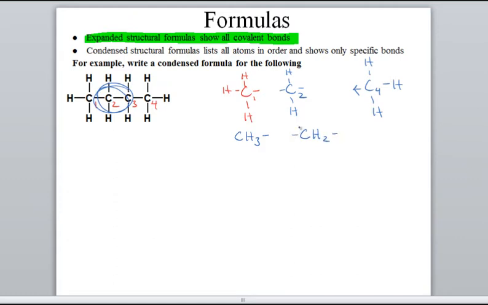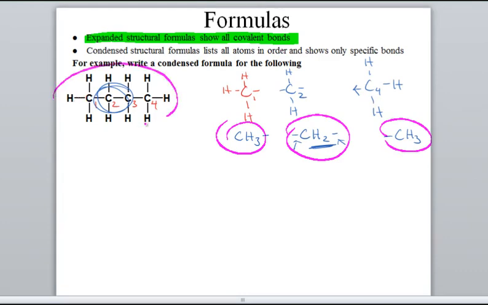That's what this part is telling you. The 2 lines are telling you it's connected to something else, and in this case, it's carbon. Carbon number 4 is also CH3, but if we were orienting it, it would be to the left. So these are the pieces. Let's put them together to simplify this.